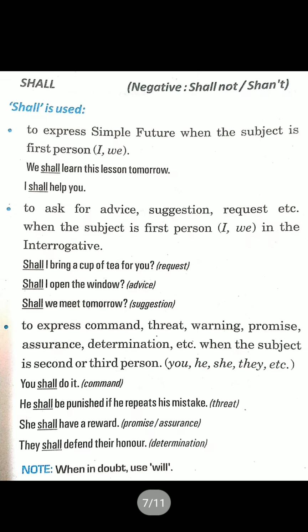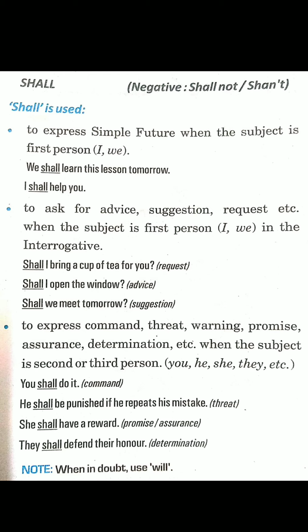The next one is shall, and its negative is shall not or shan't. It is used to express simple future when the subject is first person, that is I and we. I shall be there in the evening. I shall help you. We shall learn this lesson tomorrow.